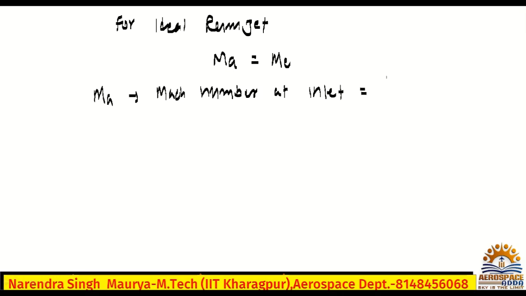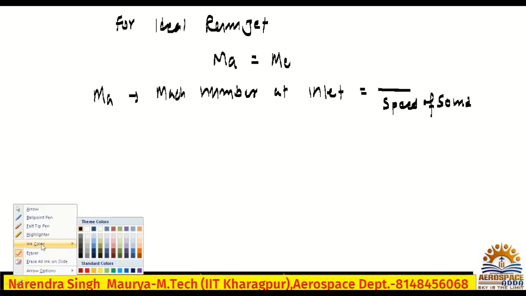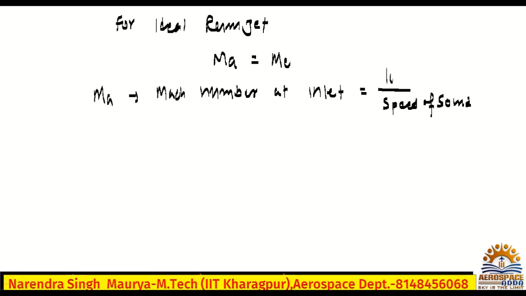So that is the local velocity of the air, that will be aircraft speed, which is nothing but VA divided by speed of sound. Or I will write local speed, which is nothing but the local speed of the air, V infinity, and that V infinity is nothing but aircraft speed, VA, divided by speed of sound.